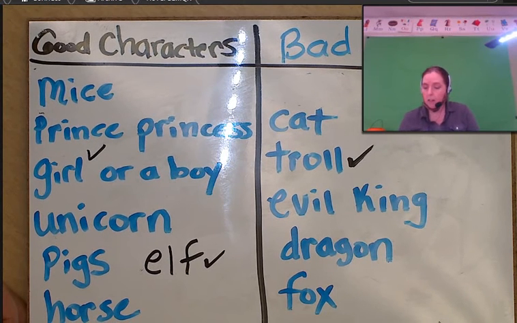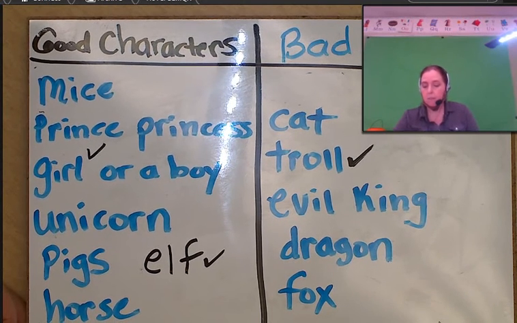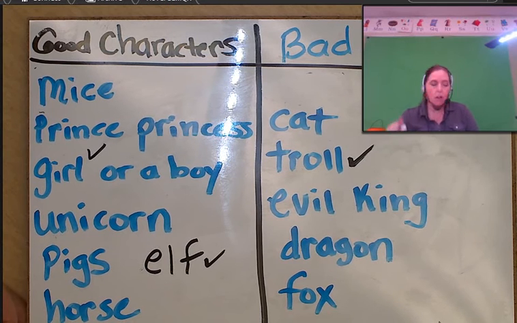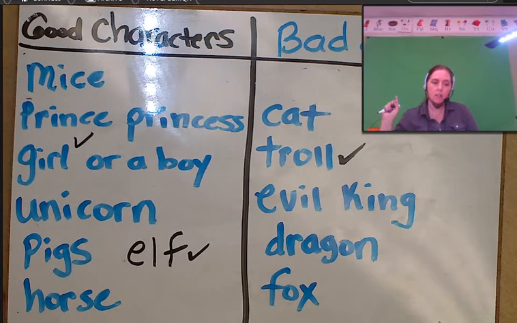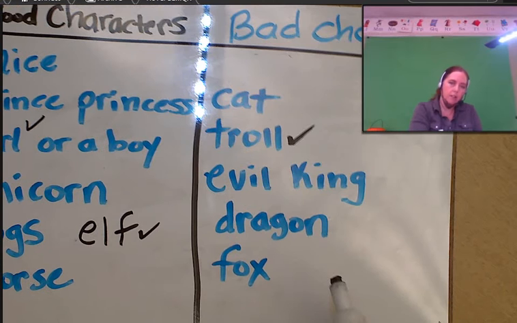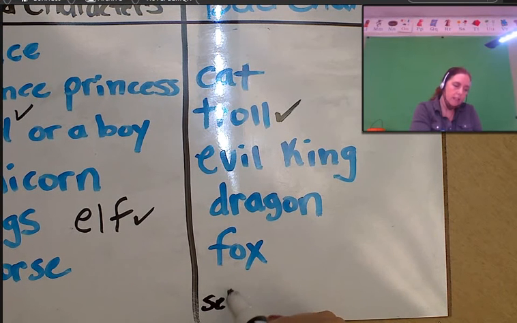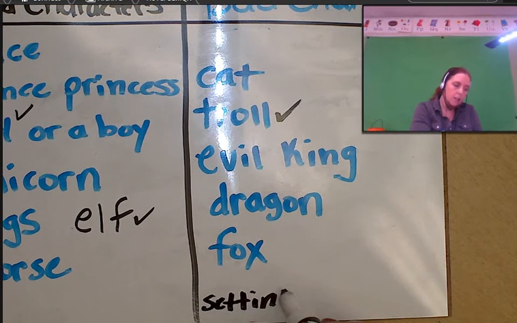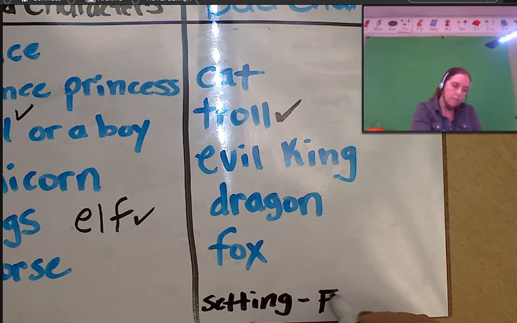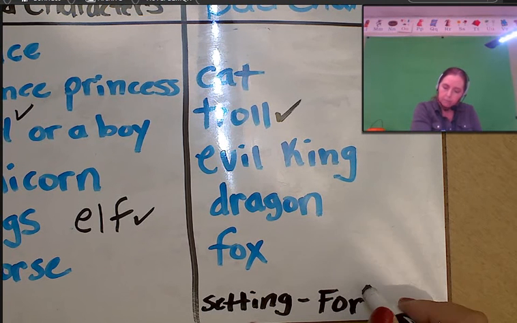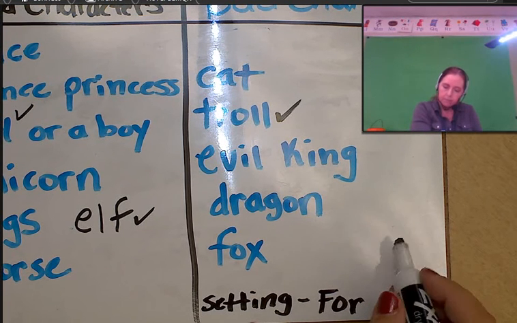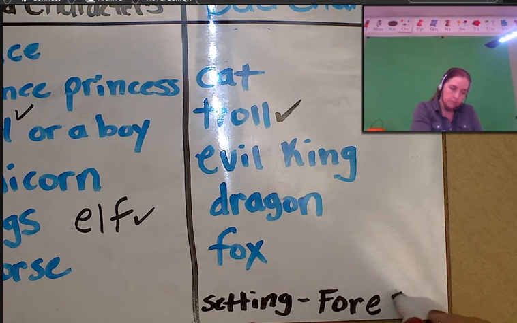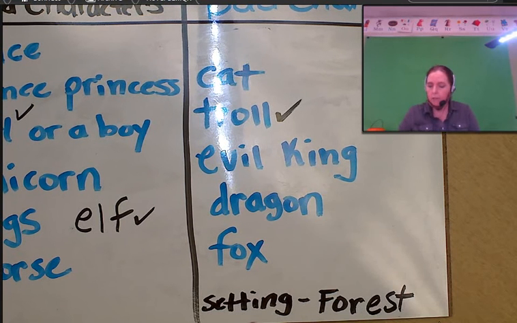I'm just giving you an example. And, oh yes, my setting is the forest. So I'm going to come over here, I'm going to write setting. I'm going to pick a really nice forest. Setting is in the forest. Okay.